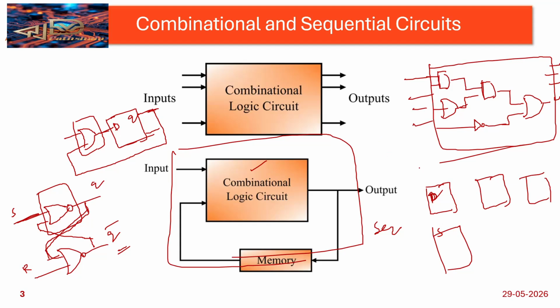But the difference is that these circuits also have the previous value. See, we design this flip-flop using a combinational circuit, but the output is again connected back as an input. That is the thing, but a pure combinational circuit is not like that. Clear? Yes, sir, I got it.